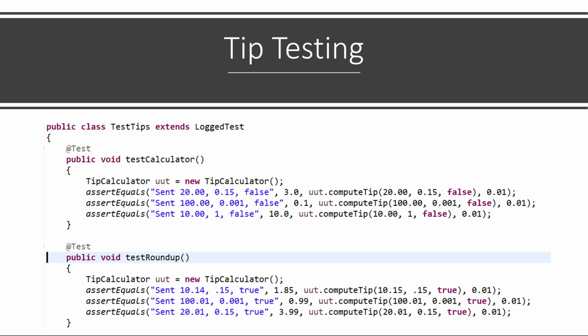Now, the assert equals that you see here, that's JUnit magic. We're going to come back to all those asserts in a second. But what JUnit does is say, okay, give me 2 values, 3 and something else, and it's going to return whether they are equal or not. They're asserting that those 2 things are equal. If they are not equal, then it shows you that message right there, sent $20, 15, and it returned false.